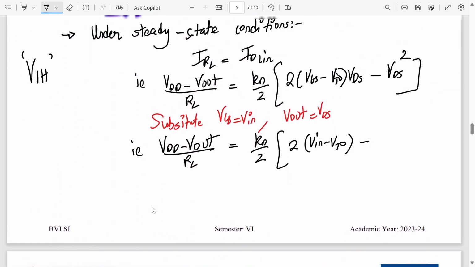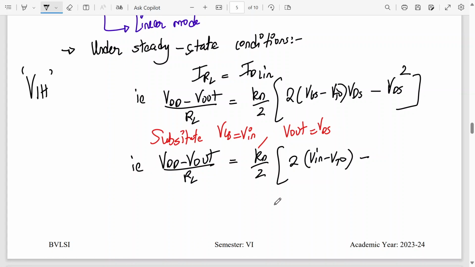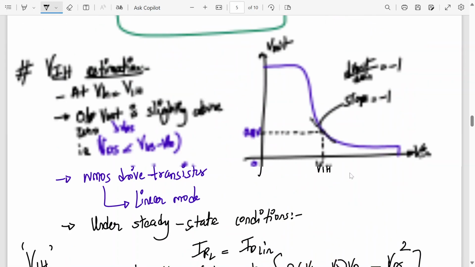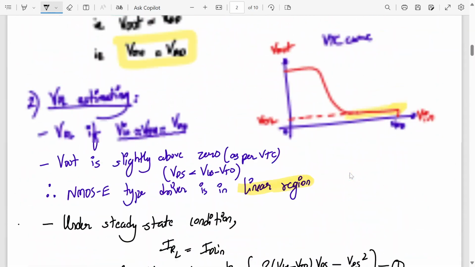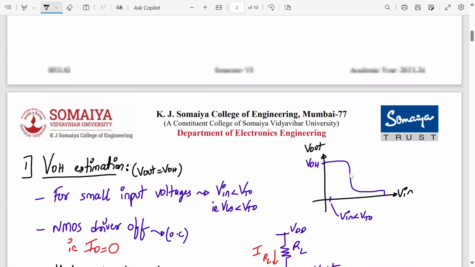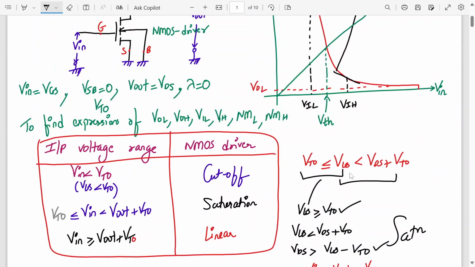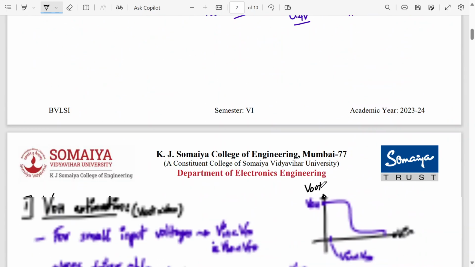Okay. So now we are getting, after substituting, twice V in minus VTO into V out. Why am I writing V out? Just you can check, V out is equal to VDS. In the very first slides we have written it for today.